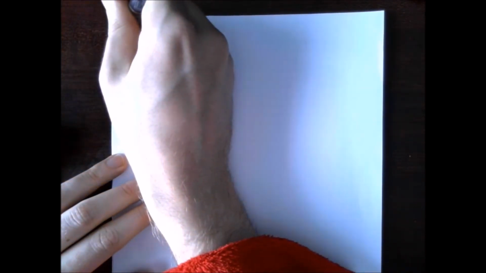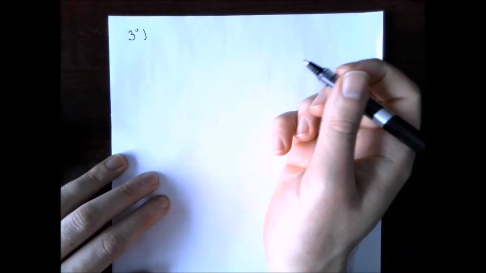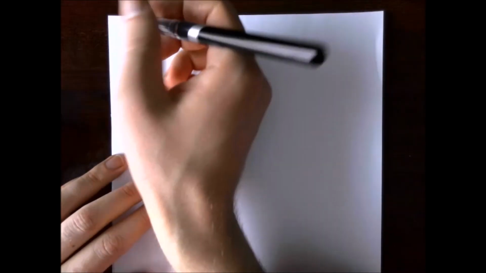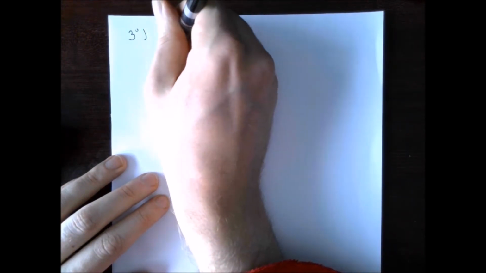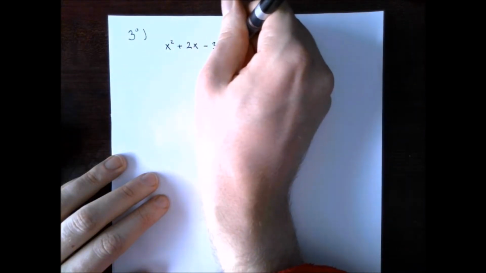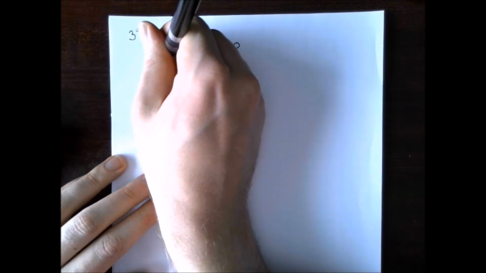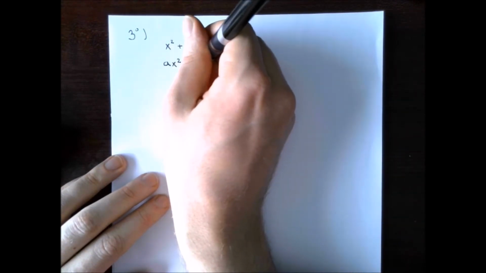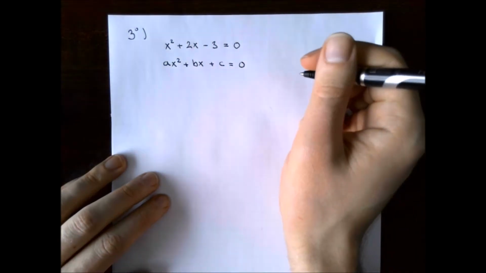And the third case is the most general and difficult case. Here all of the terms are non-zero. So for example, x squared plus 2x minus 3 is 0. So this was of the general form a x squared plus bx plus c is equal to 0.